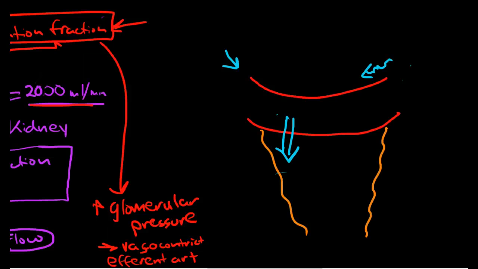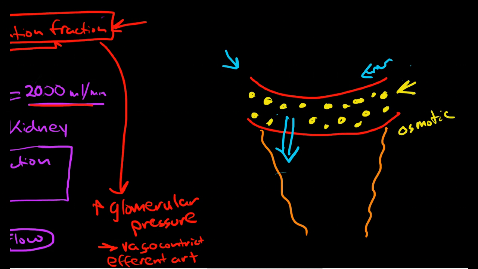But at the same time, we've got lots and lots of proteins here that can't get out. So there's a high concentration of proteins. Electrolytes really don't matter here because they're the same on both sides, right? The electrolytes are going through that selectively permeable membrane. So because there's a high concentration of protein, we're going to have osmotic pressure, but when we're talking about osmotic pressure in regards to protein, it has a special name. It's called oncotic pressure. So we have pressure pulling back in towards the capillary.